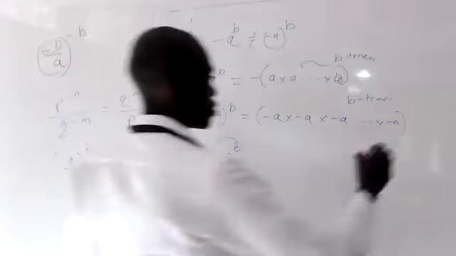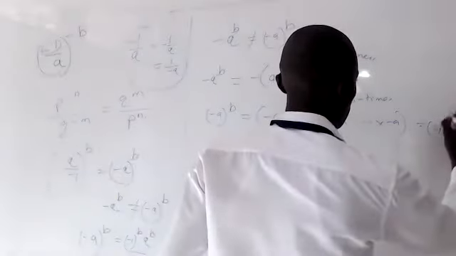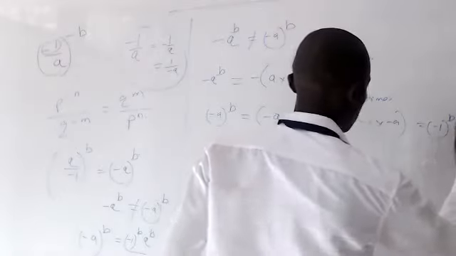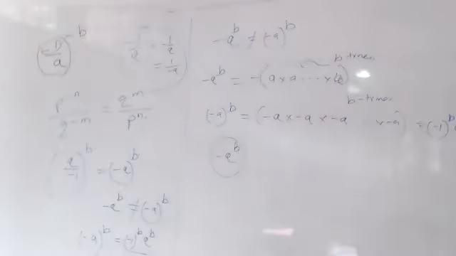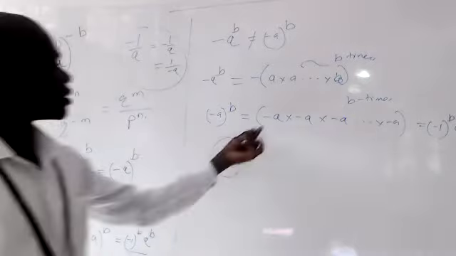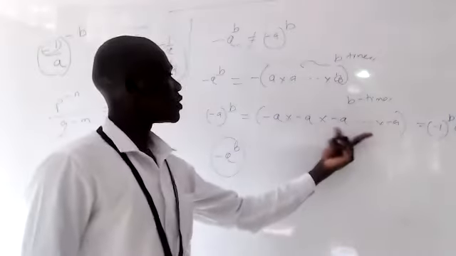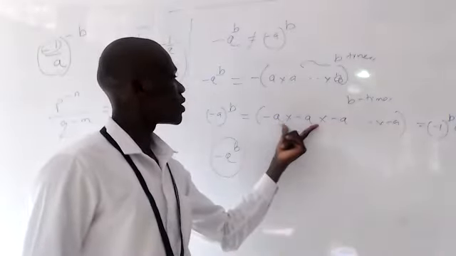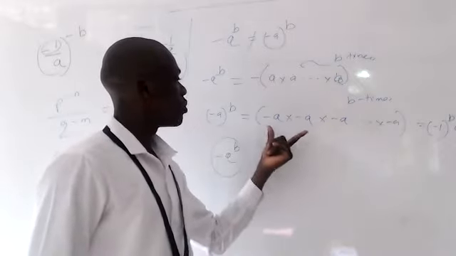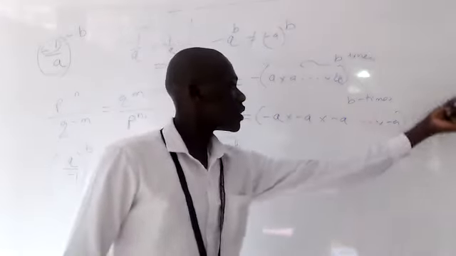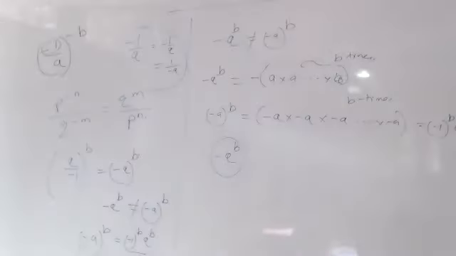The second one, you can also write as (-1)^b multiplied by a^b. It's just like -1 is present in each and every term, and the term negative a is written b times. So it's the same as pulling out -1 b times and then a by itself b times. Any other question?